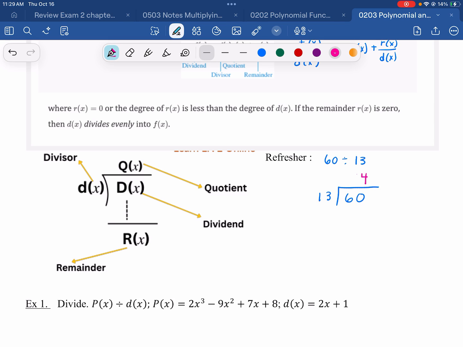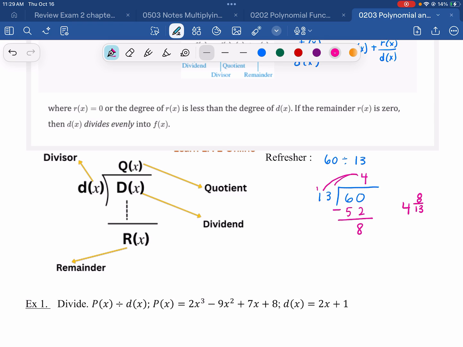Then I would take 4 and multiply it by 3 and I'd get 12. I'd carry the 1, and then I do 4 times 1 is 4, and I would add the 1 and get 52. Then I would remember to subtract. We started to get lazy and not write our subtraction sign, but we would subtract and we'd get 8. So what we would have is 4 and 8/13.